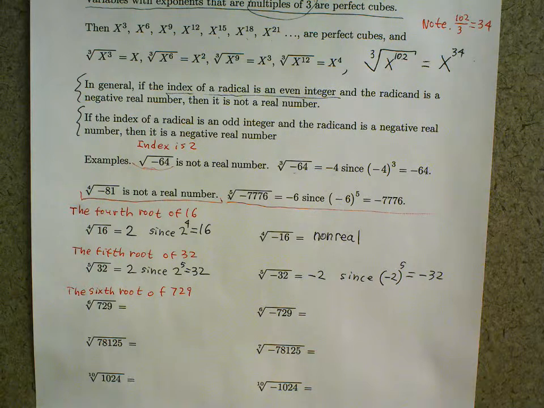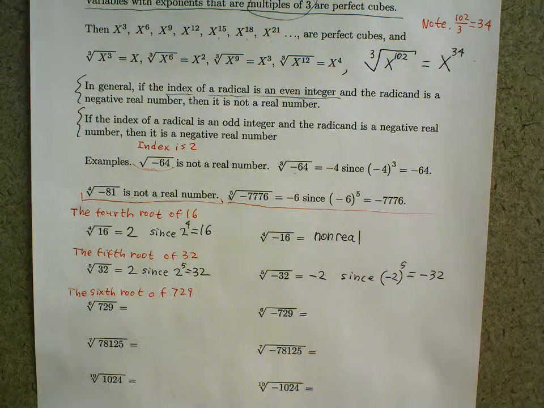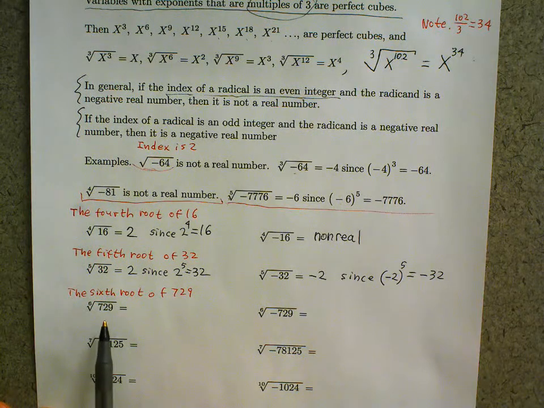3. Yes, so type it in online when you find it. The sixth root of 729. Okay, so there's one. 3 to the sixth is equal to 729.